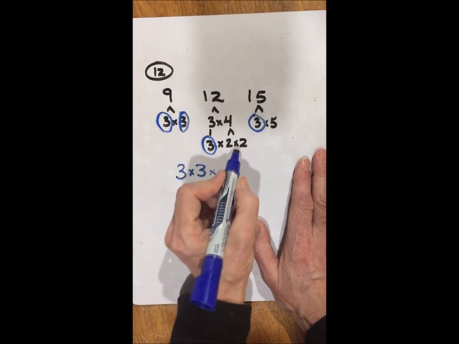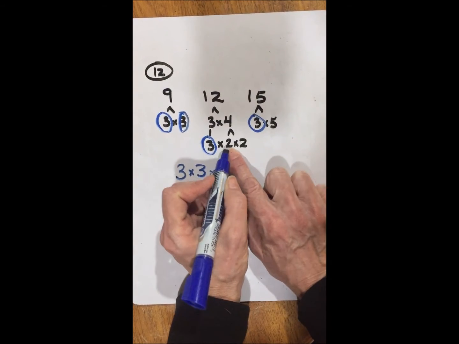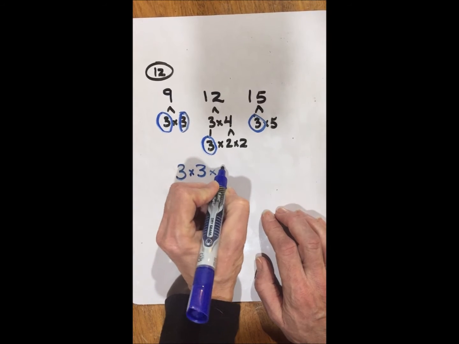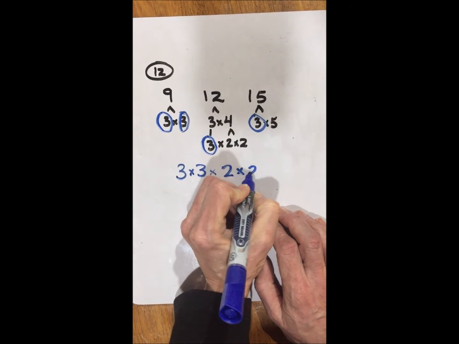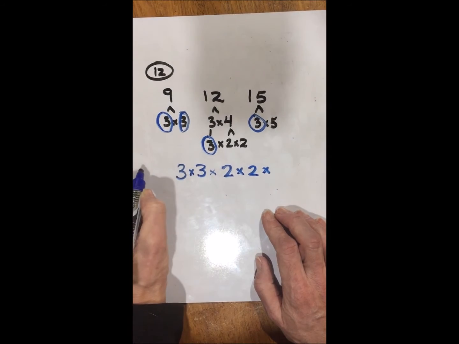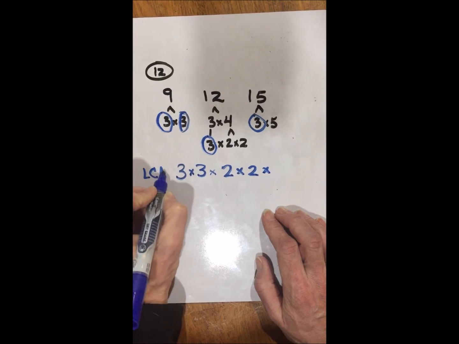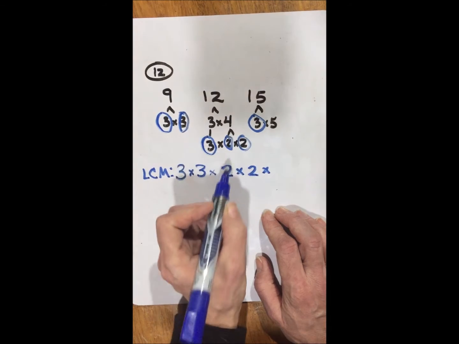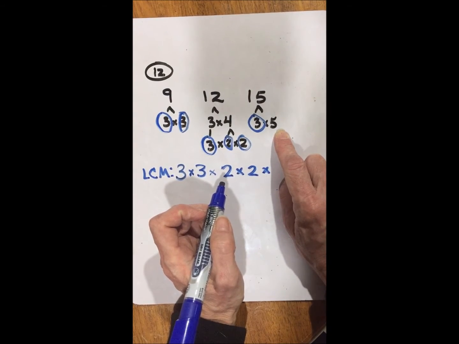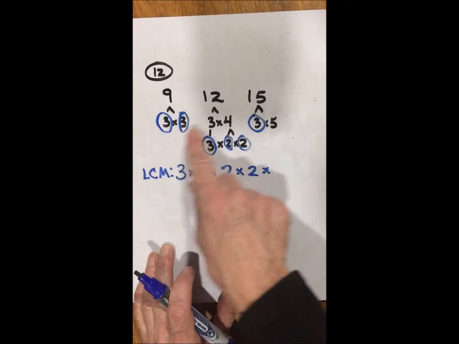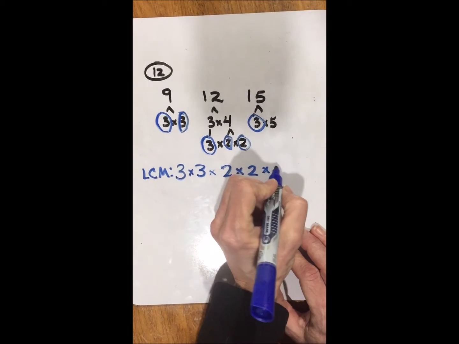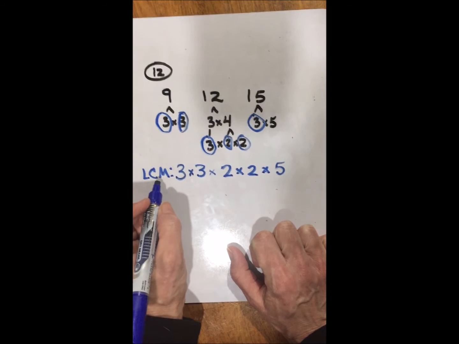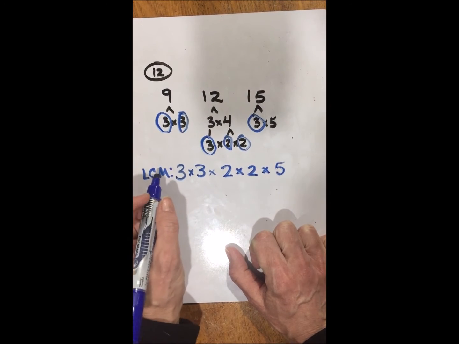Then I go and move over. I've got 2 2s that don't exist here and don't exist here. They're both going to get used in my lowest common multiple, LCM. So they're used, I'm going to circle them. Then I have a 5, but it doesn't show up anywhere else, so that needs to be used. We're going to multiply those all together to find out what the final lowest common multiple is.